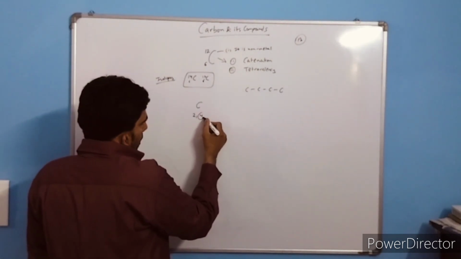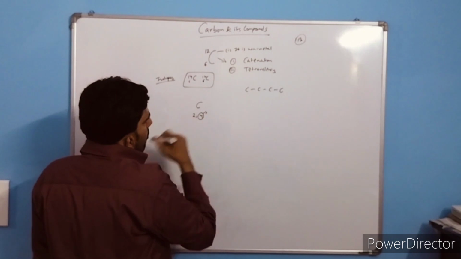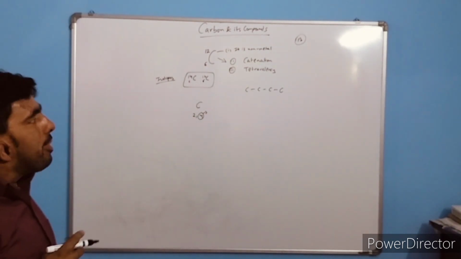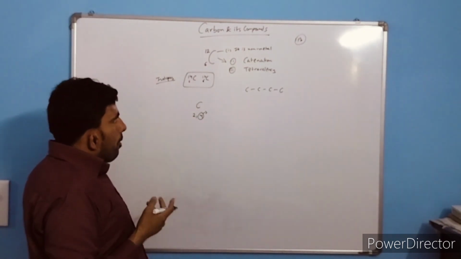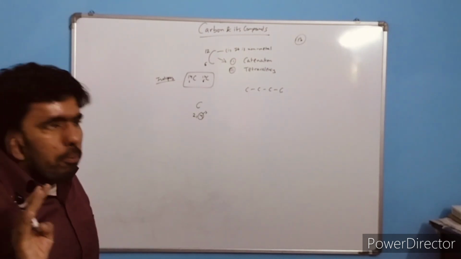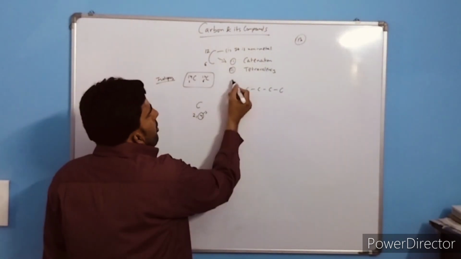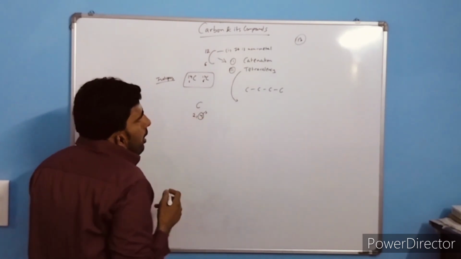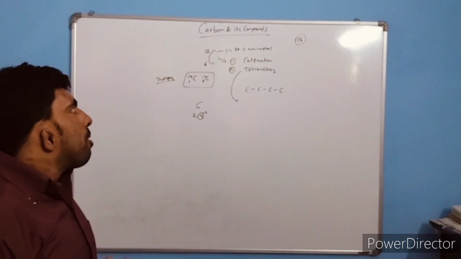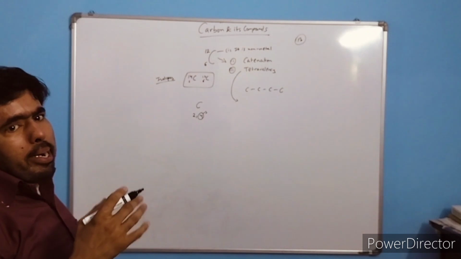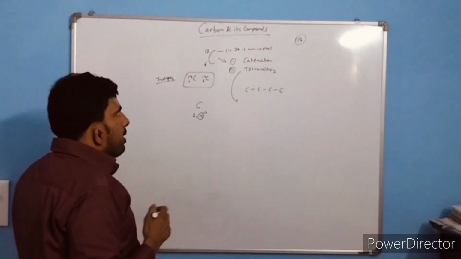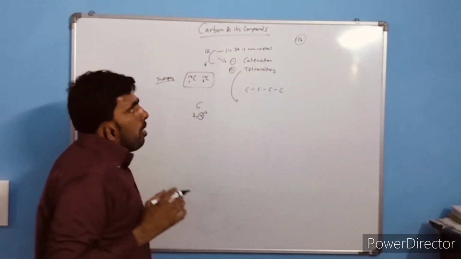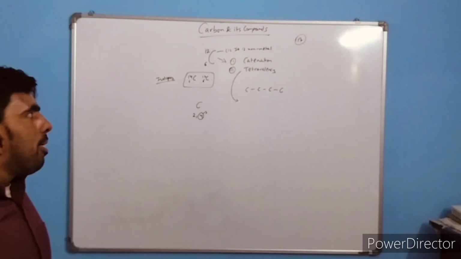It has only 4 electrons in its valence shell, so it needs 4 more. That is why it makes bonds with 4 other atoms of carbon. That is what we say about tetravalency and catenation.